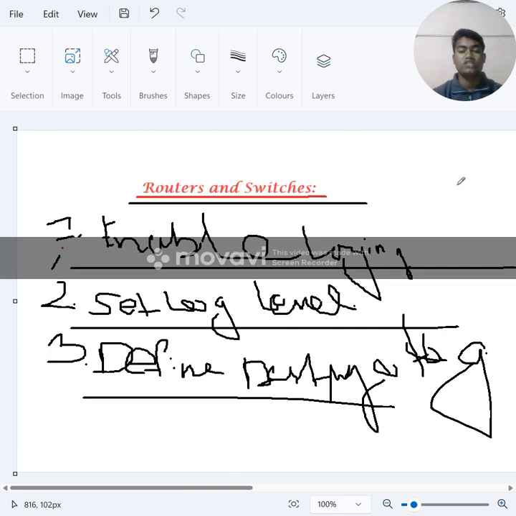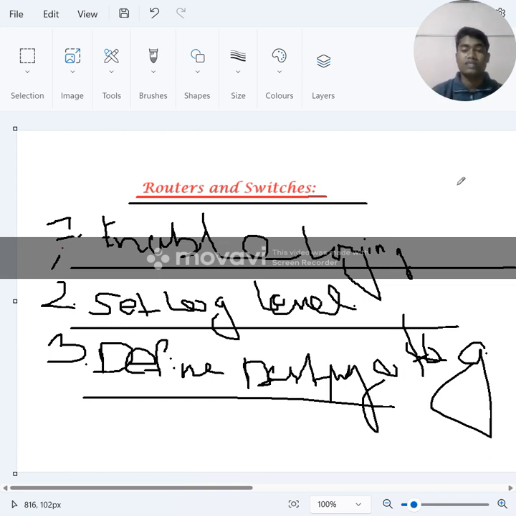And define the destination for logs: where you can save the logs, and centralized syslog servers which have to be defined. Suppose there is a segment of client sections. Which type of clients' logs have to be saved where? That is the defined destinations of logs.